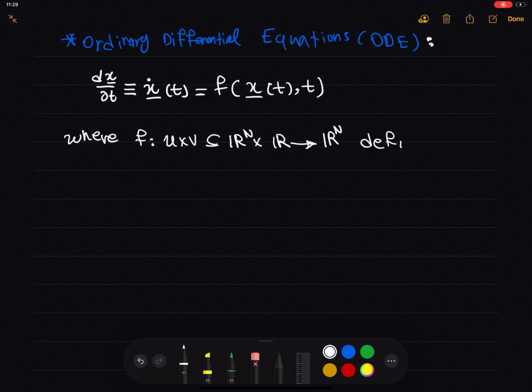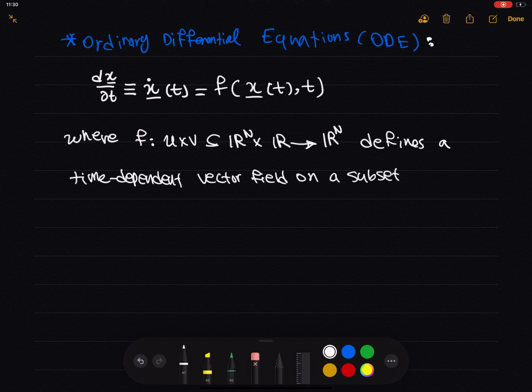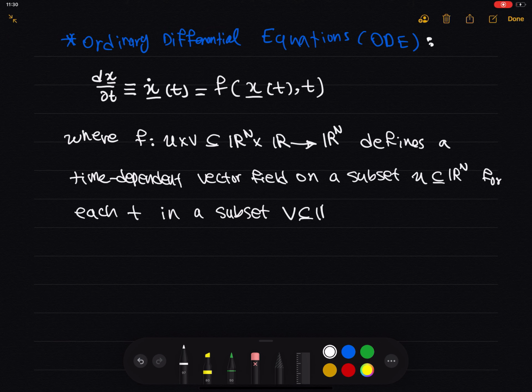So this defines a time dependent vector field on a subset U of R^n for each t in a subset V of R, by allowing U to be in n-dimensional space and V to be in one-dimensional space, okay?